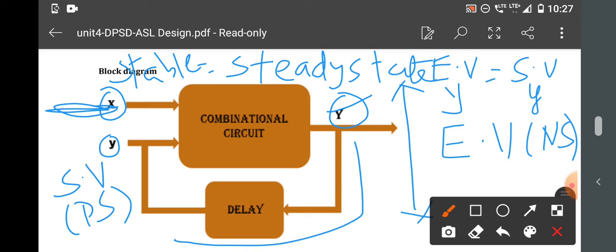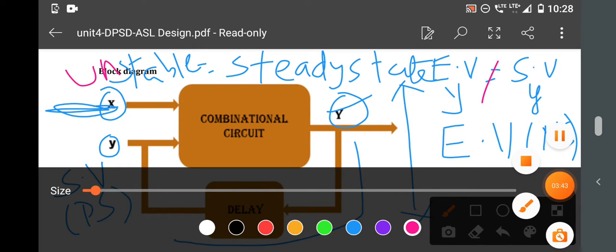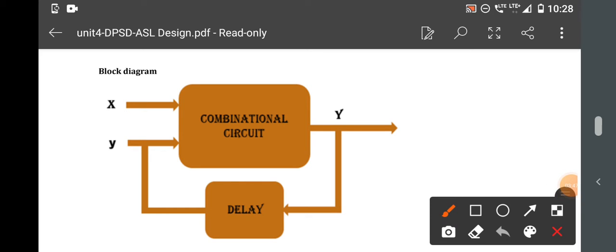Whenever they are not equal, we assume that it is unstable, so there is no output obtained. The output is going to be the continuation of the previous condition. This is how we design an asynchronous circuit.